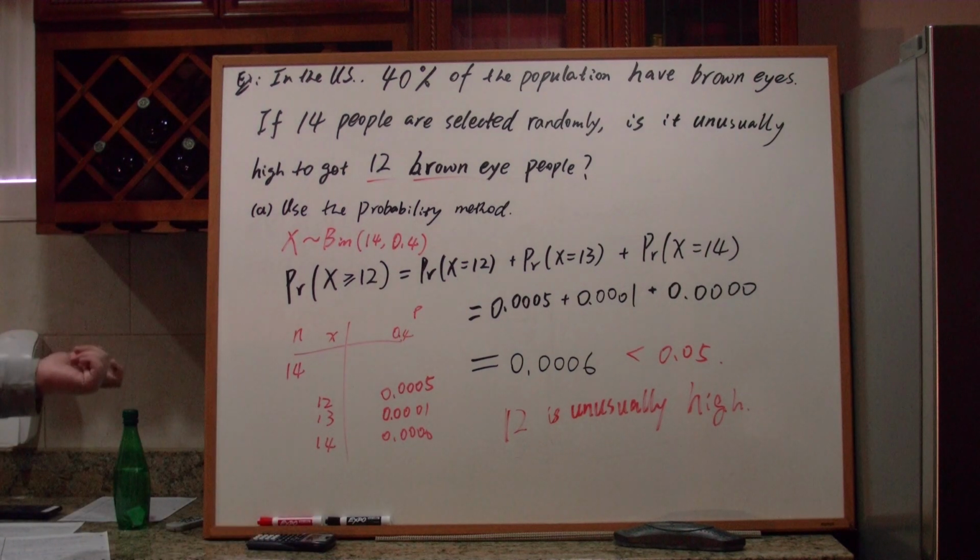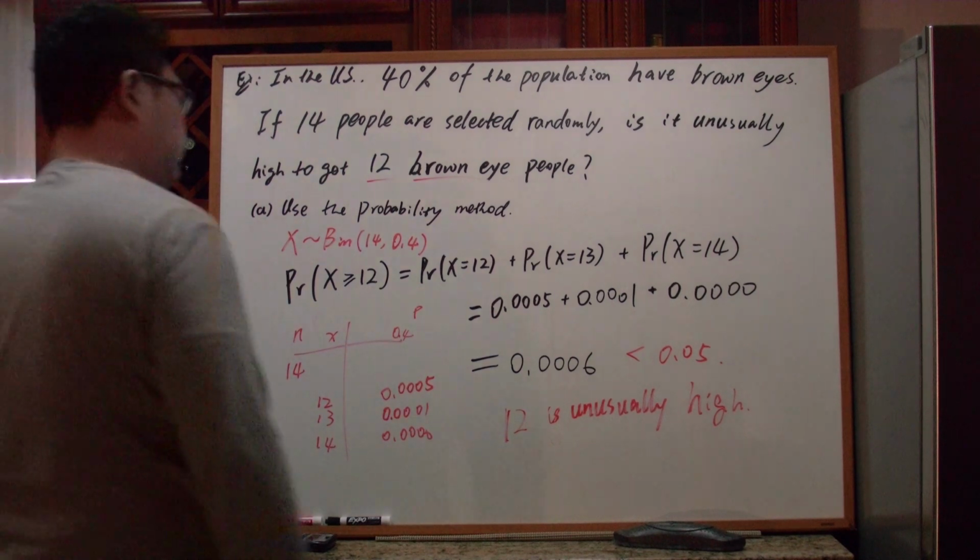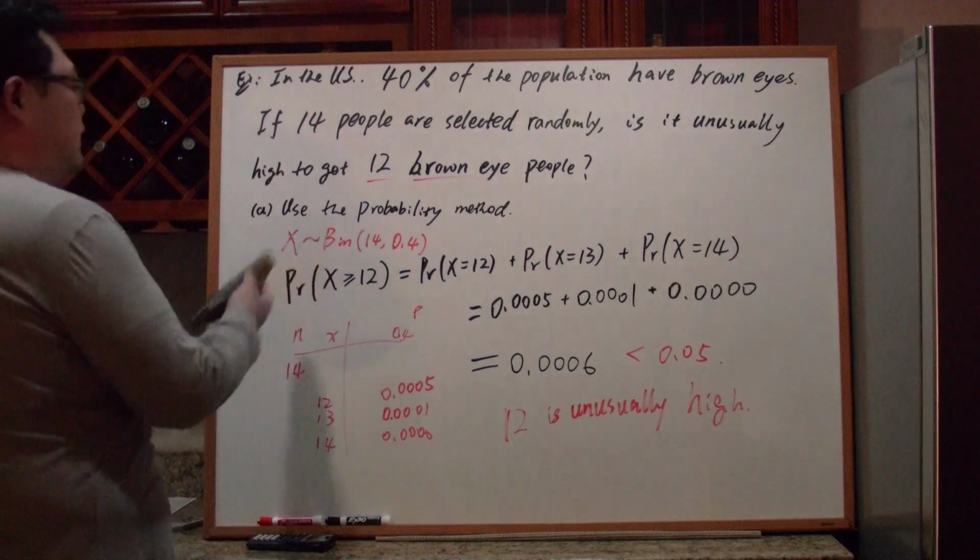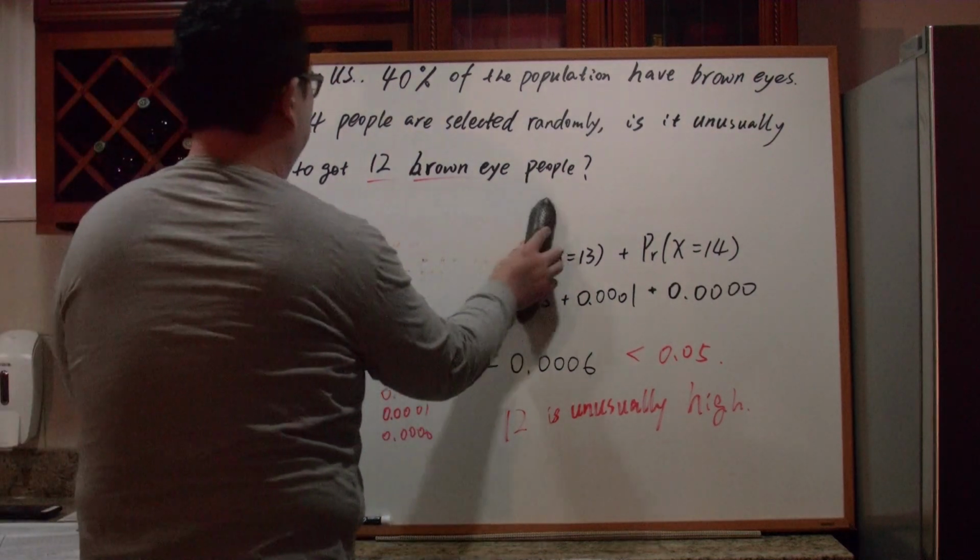That is using the probability method. We can see the likelihood is very, very low. That means 12 is unusually high. That is the A method, using the probability.